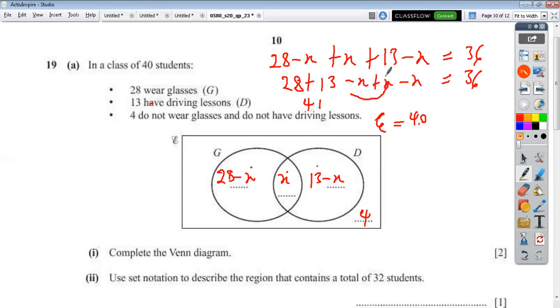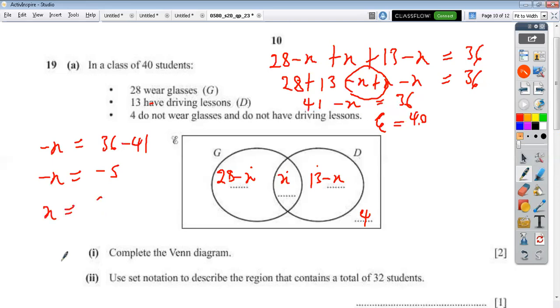So 41 minus 2x is equal to 36. So minus 2x is equal to 36 minus 41. What is 36 minus 41? Isn't that negative 5? Yes. Divide both sides, you get 5. So we now know that x is equal to 5.